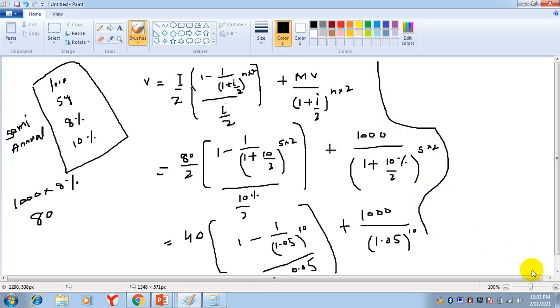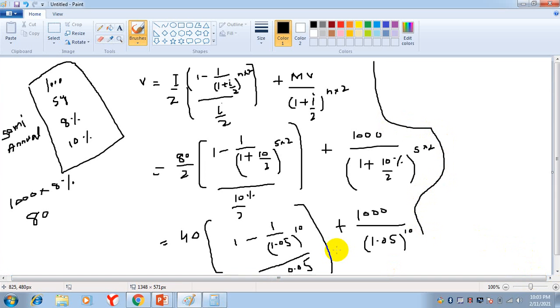Now come towards the calculation. It is equal to 40 times 1 minus 1 divided by 1.05 raised to the power 10.